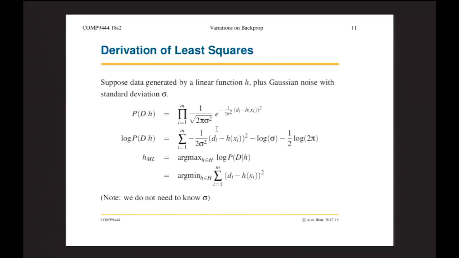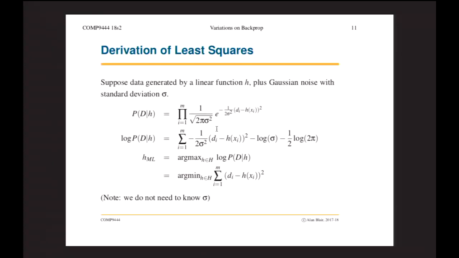We don't actually know what sigma is, but as you'll see in a minute, in this particular situation we don't need to know what sigma is. That's sort of the magic of this. Okay, so that's the probability of each data point, and to get the probability of observing all of those data points, we multiply those probabilities together. So if there are m data points, we take the product from i equals 1 to m of that expression.